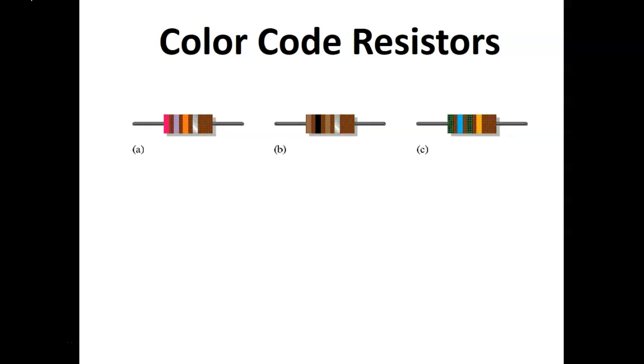If I do not need a tight tolerance, 10% is a pretty good resistor. Means I got a little wiggle room to play with. I don't really have to deal with something that's got to be exactly 100 ohms. It means that I can have a little bit of play in those resistors.